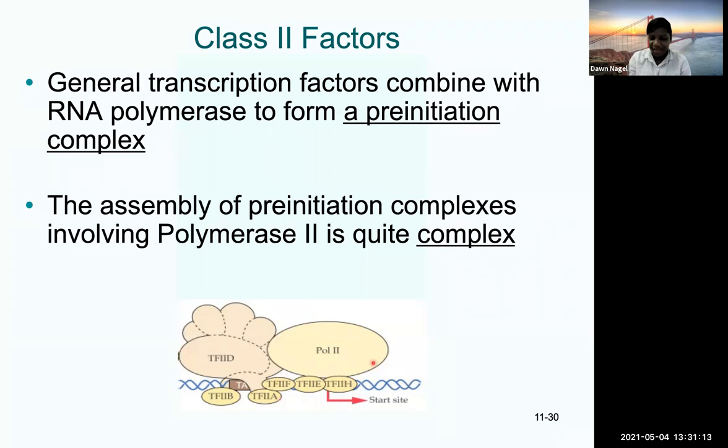So this blob that you're seeing here includes some of the proteins that are present at the promoter in order for transcription to occur within eukaryotes, right? So you have these general transcription factors, there are 6, and you have your RNA polymerase 2, all descending on this promoter to initiate transcription.